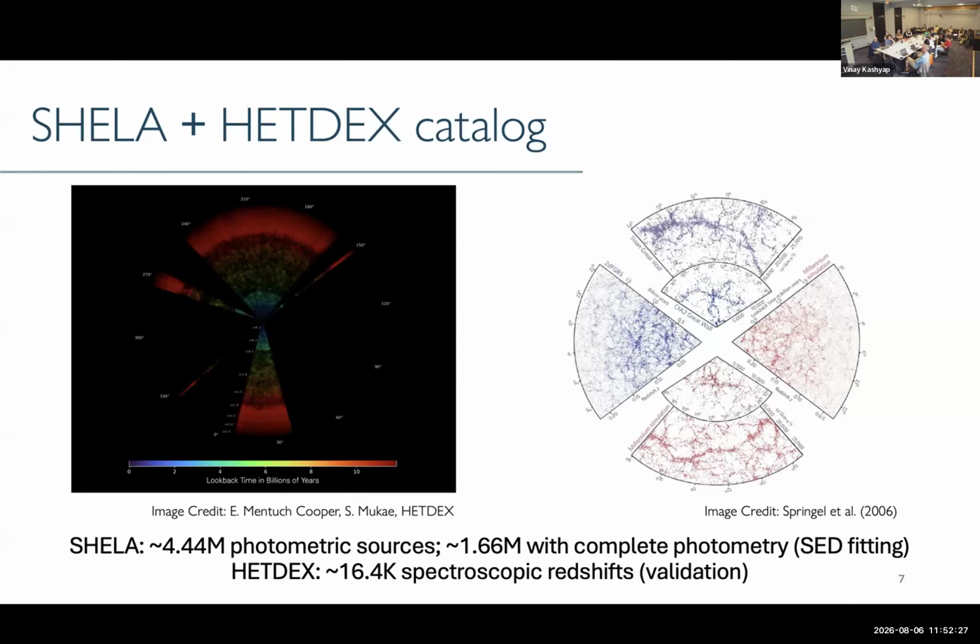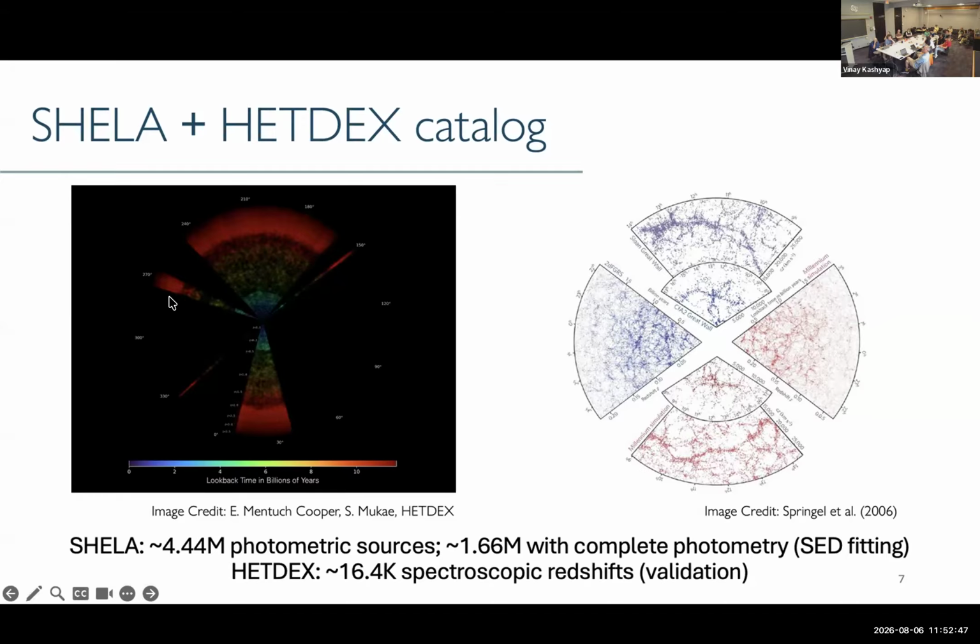We think this is really good for SED fitting. Of course, when we do inference, we not only get redshift but other galaxy parameters, but for at least one of them we are able to validate with the spectroscopic redshift, which is like the true redshift.